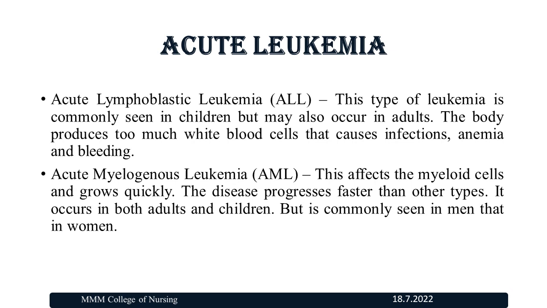The body produces too many white blood cells that cause infections, anemia and bleeding. What is AML? This affects myeloid cells and grows quickly. The disease progresses faster than other types. It occurs in both adults and children. It can be seen more in men than in women.